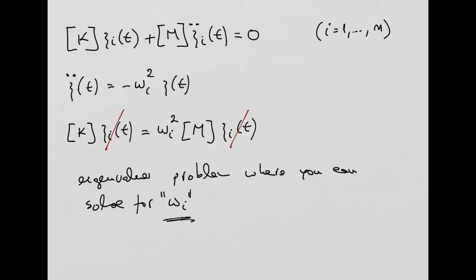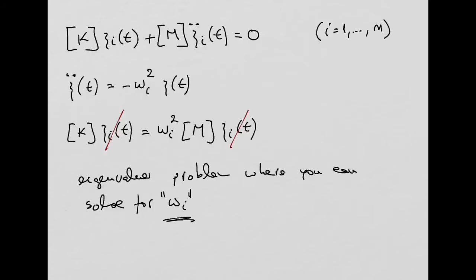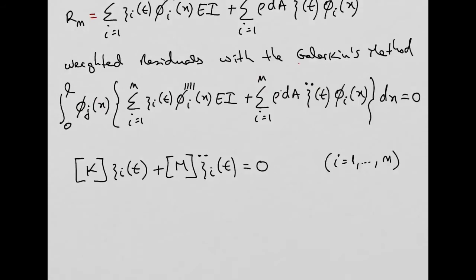Right, so the problem now is how do we build these stiffness and mass matrices. But before that, let me go back to our weighted residual here, so let me copy. There's one thing that we usually do in FEA, which is integration by parts.